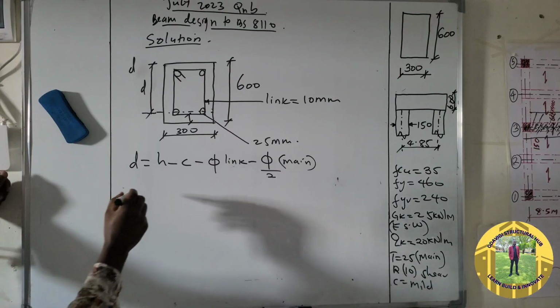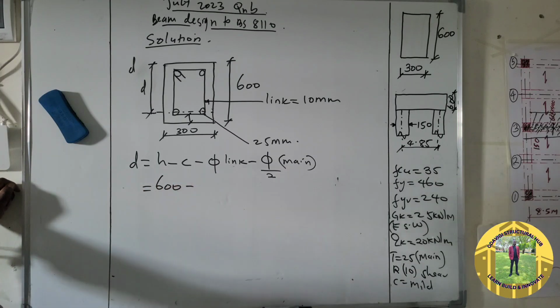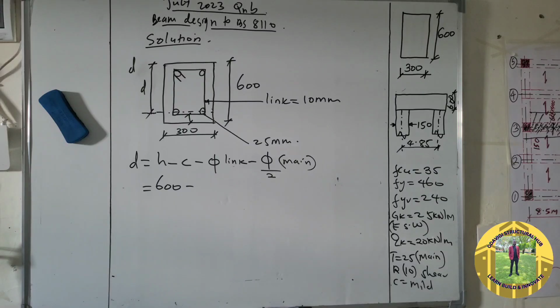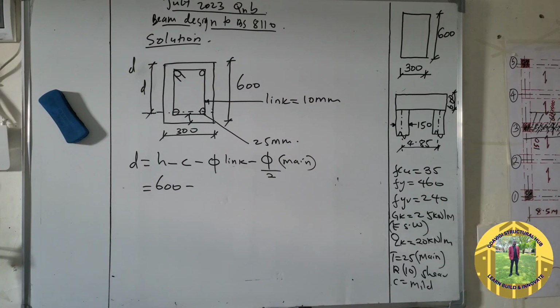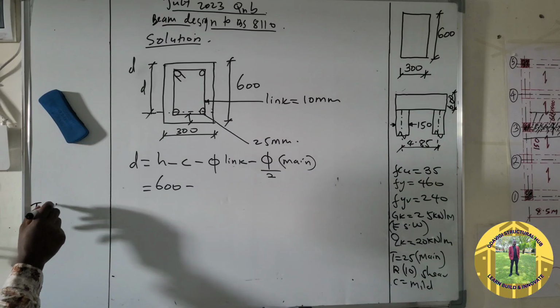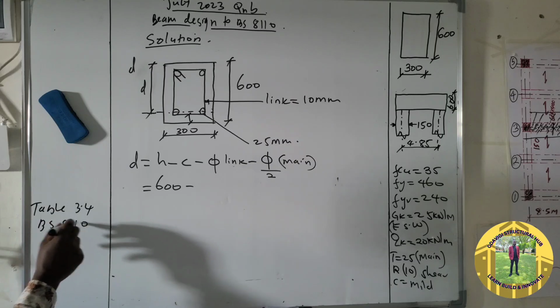So this is equal to H, which is 600, minus cover. We have been told the exposure is mild. So the value for this is given in Table 3.4 of BS 8110.